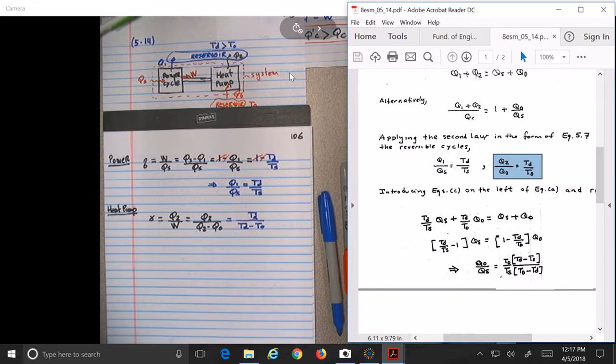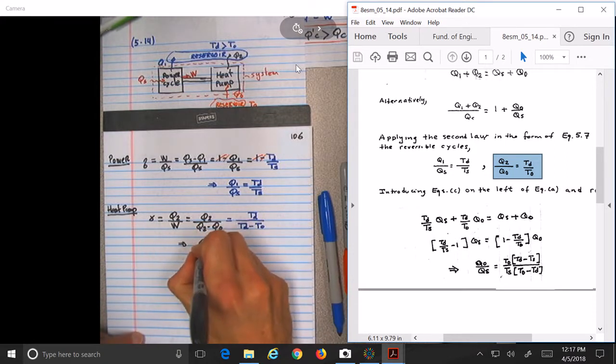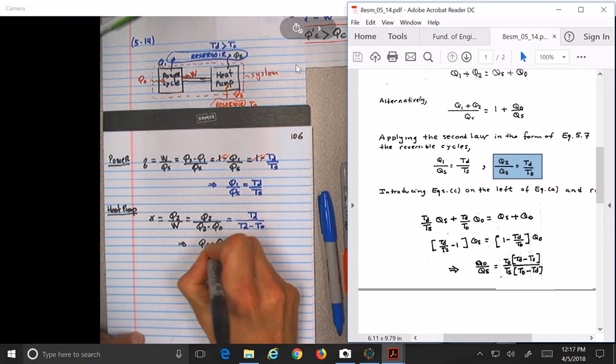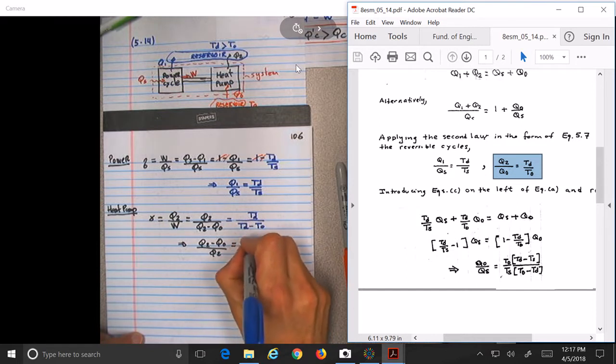If you take 1 over both sides, it should be the same. What do you mean by 1 over? Like Q2 over Q2 minus Q0, and then 1 over it, it should be the same. Ah, okay, I know what you mean. So you could say Q2 minus Q naught over Q2 is equal to TD minus T naught over TD.